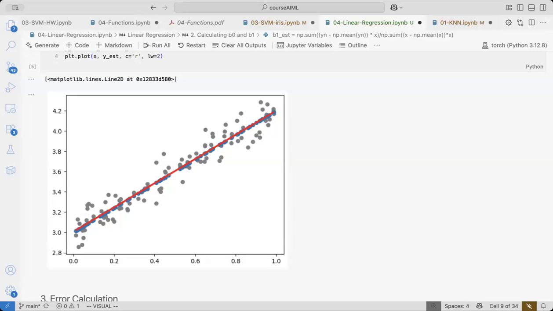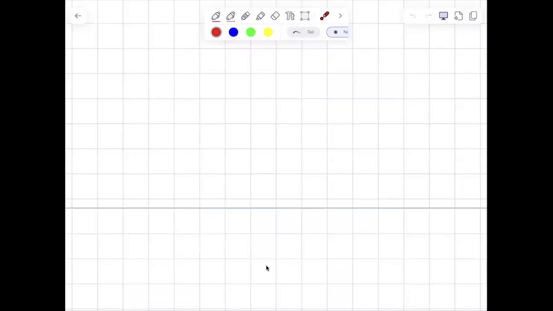Okay. And if you think about it, this loss function, I'll write down the formula once again. One upon n summation y minus w0 minus w1 x whole squared. Okay, so this loss function is a function of two variables, w0 and w1.